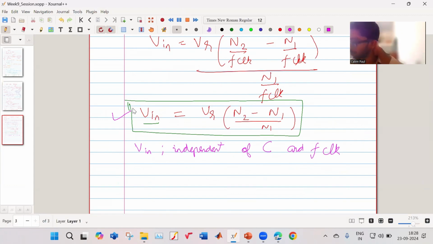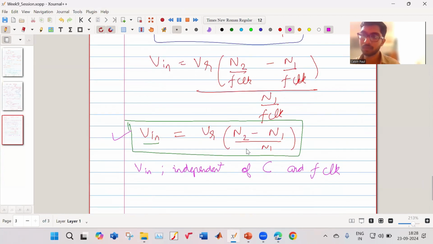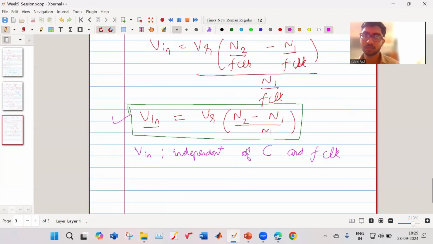Any doubts? So this is the advantage of the dual slope voltmeter.